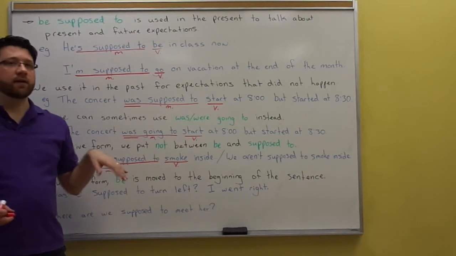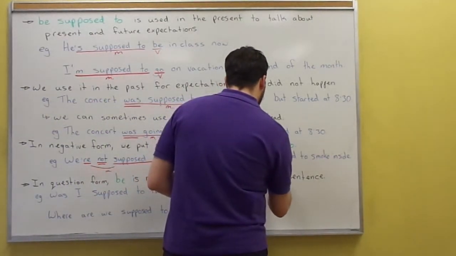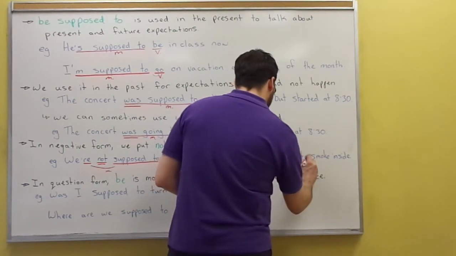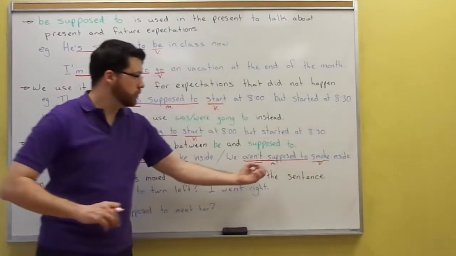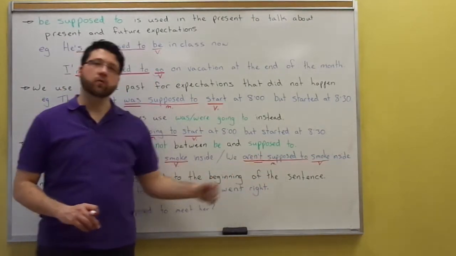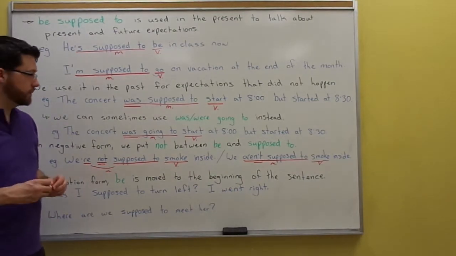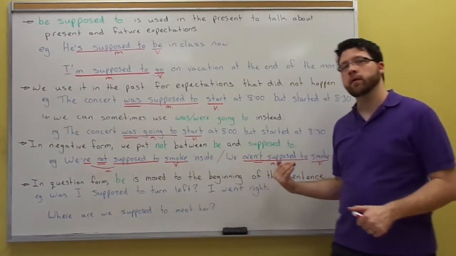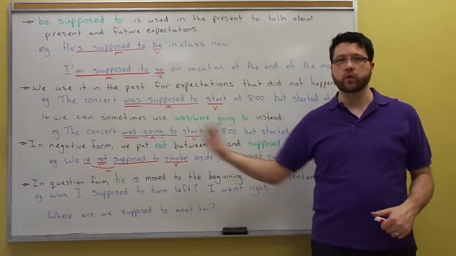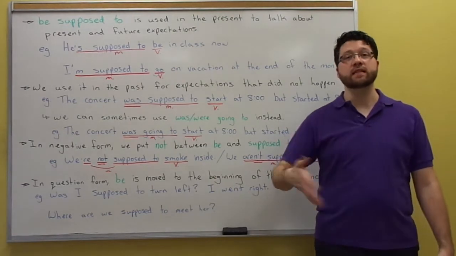The sentences have the exact same meaning, but now you'll notice that our modal is joined. We aren't supposed to smoke. And the negative is what's contracted. These sentences have the exact same meaning, and you can use whichever one you want. It's about comfort. What is easier for you to say?